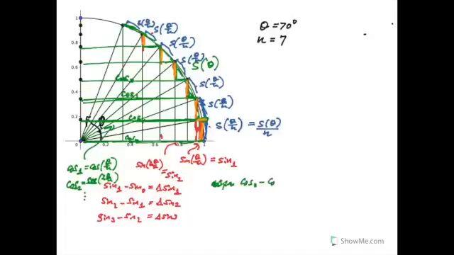Cosine 0 minus cosine 1, we'll call that delta cosine 1, and cosine 1 minus cosine 2, we'll call delta cosine 2, and so on.